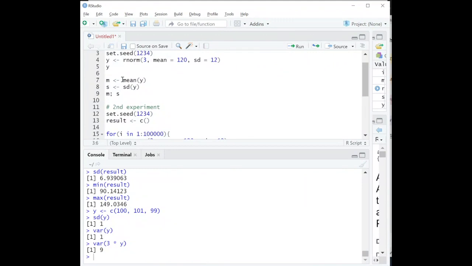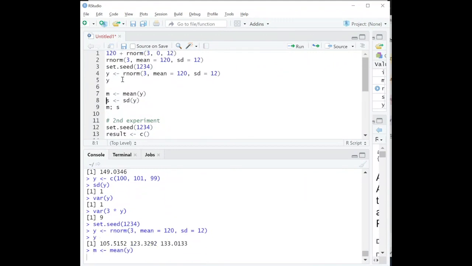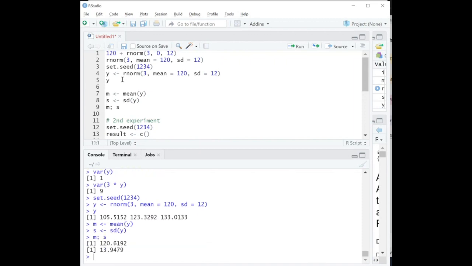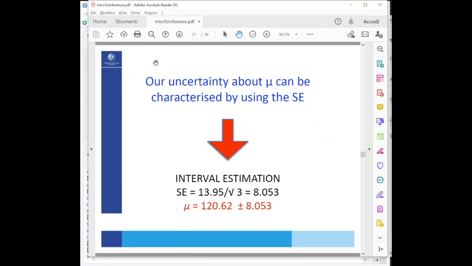This was our first sample, and these are the mean and the standard deviation. These are the characteristics of the sample. We use the standard deviation to calculate the standard error. So we take the standard deviation of the sample, we divide by the square root of 3, and calculate the standard error, that is something like 8.05.